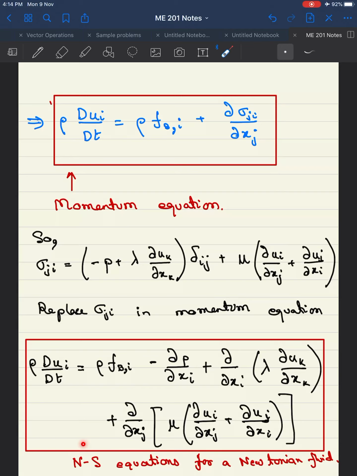So the Navier-Stokes equations are not a plain conservation statement, but they combine the statements of conservation of linear momentum, mass conservation, and the constitutive relationship. So the three are put together to arrive at the Navier-Stokes equations.